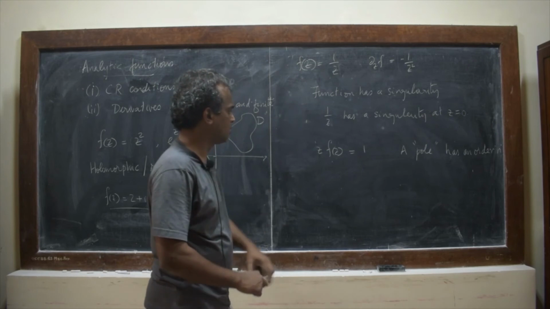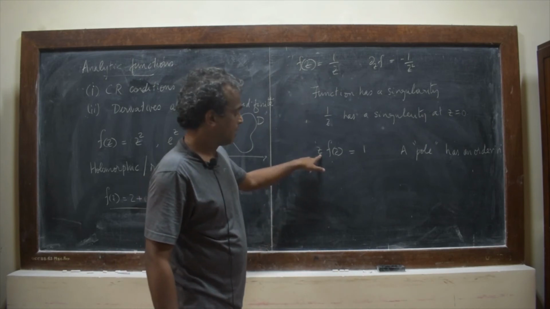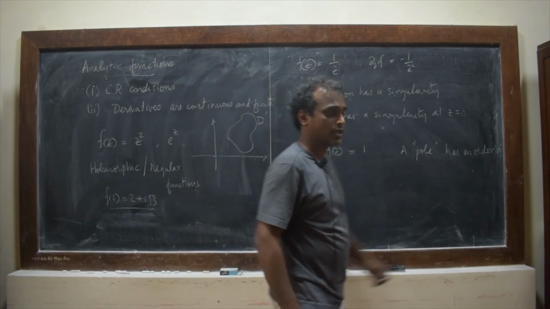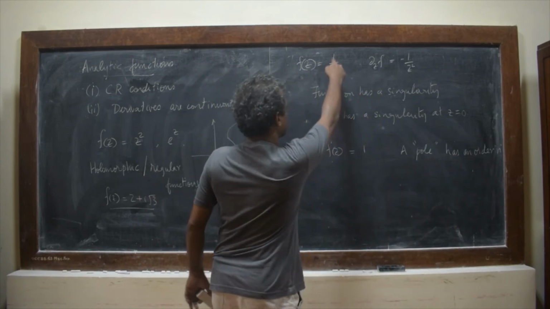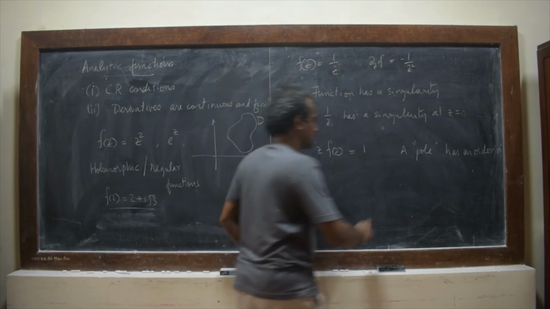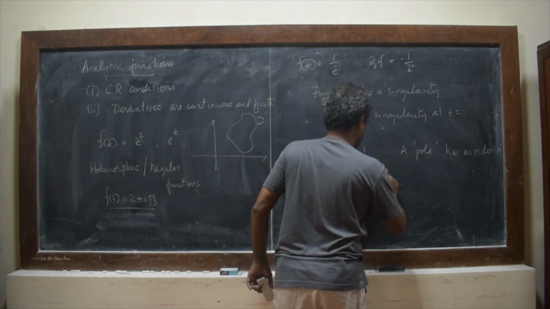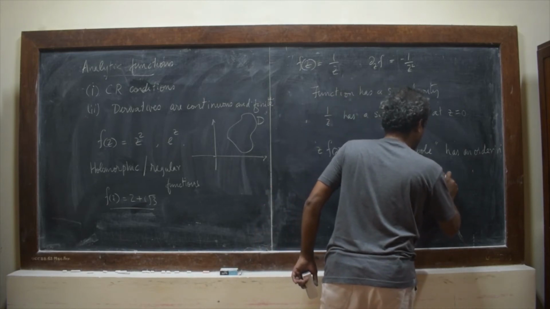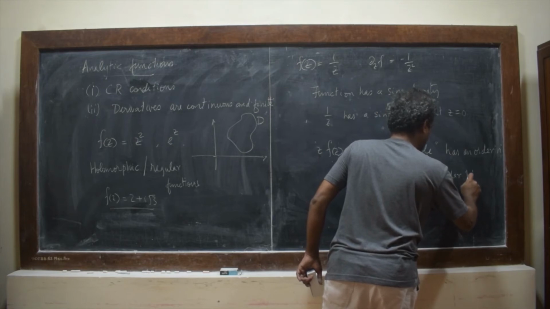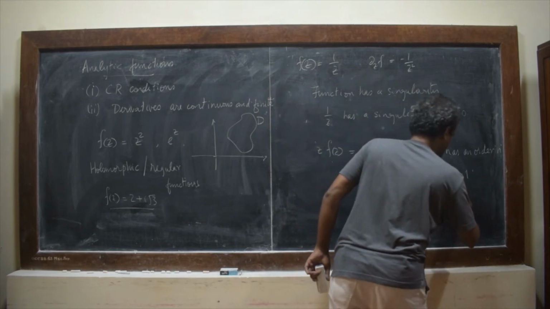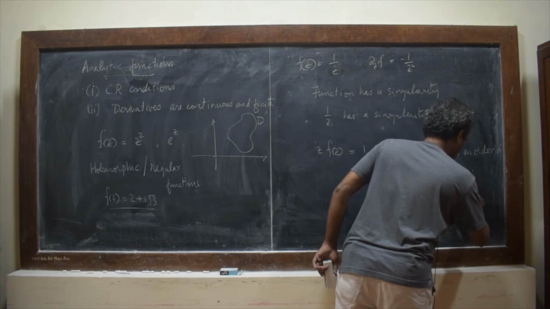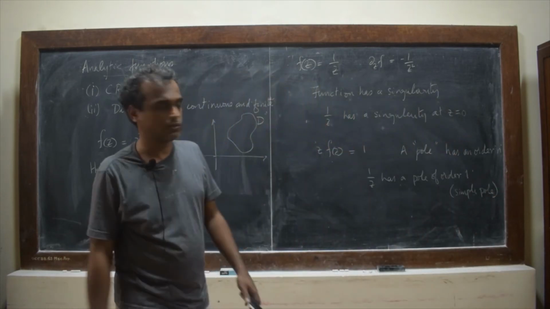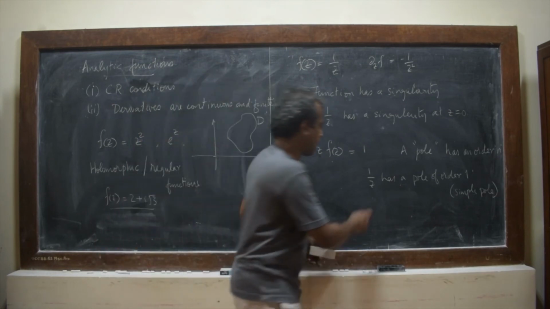In this case, the polynomial that we multiplied is z itself, which is a polynomial of degree 1, and hence we say that this particular function f equal to 1 over z has a pole of order 1, which is also very often called a simple pole.